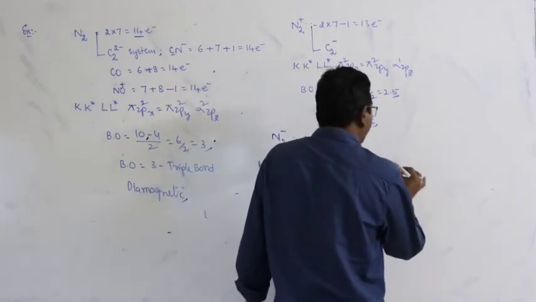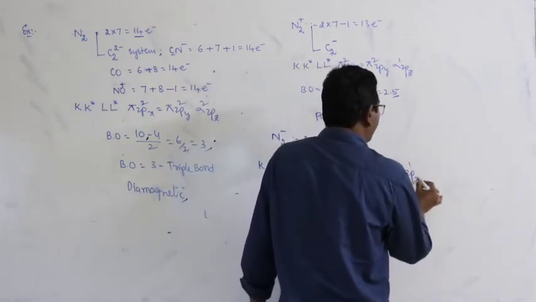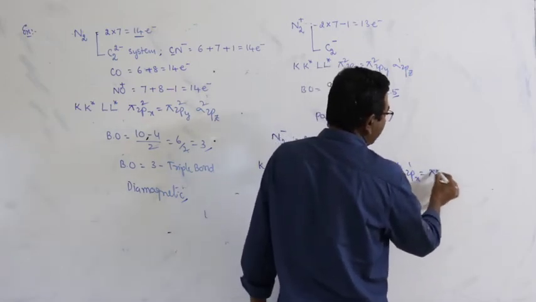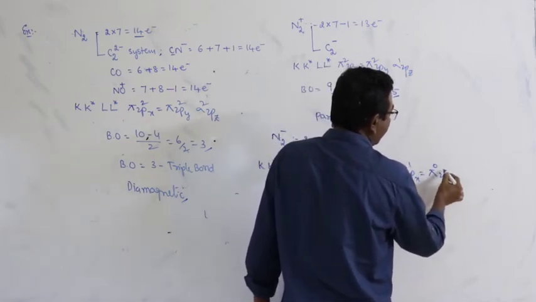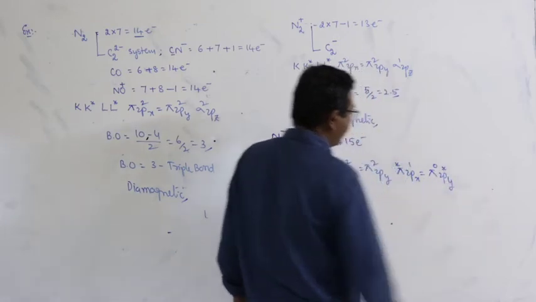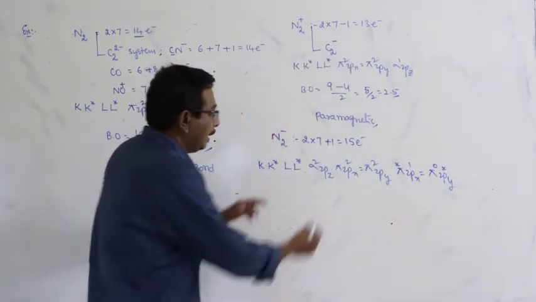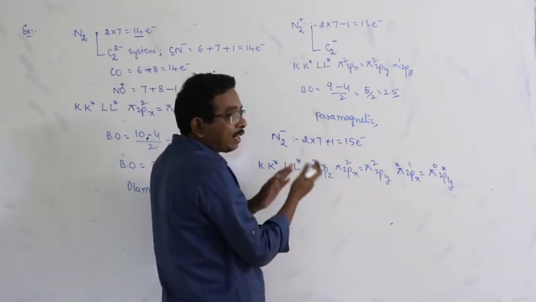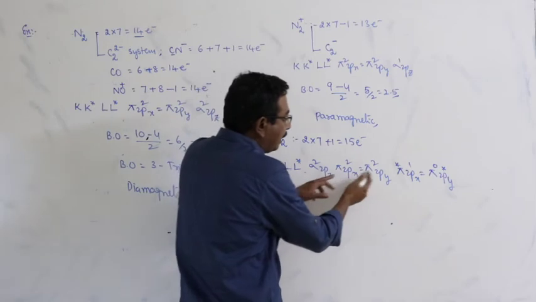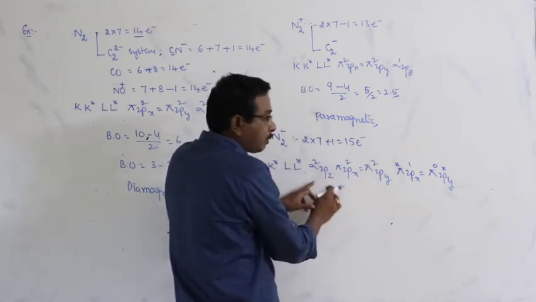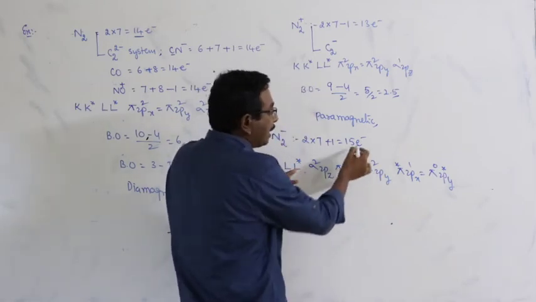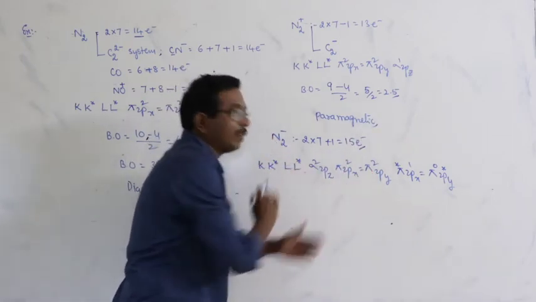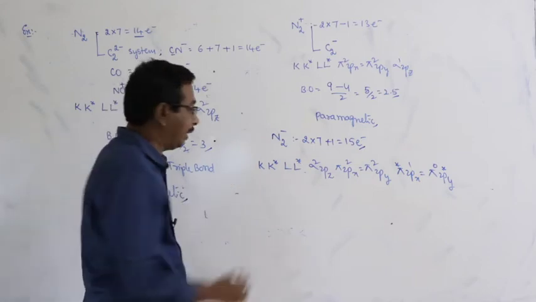And at the same time you have to write pi star 2p x1 is equal to pi star 2p y0. Here up to 14 electron system, or less than or equal to 14 electron system, the two pi molecular orbitals come first, sigma comes next. But in case of greater than 14 electron system, this order is reversed. That you have to keep in mind.